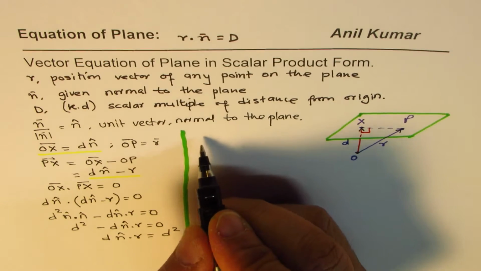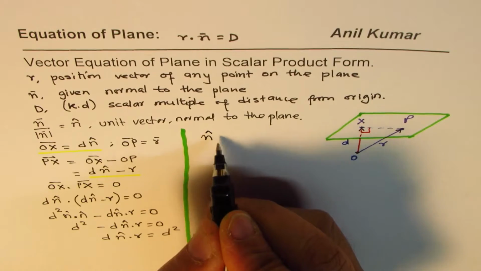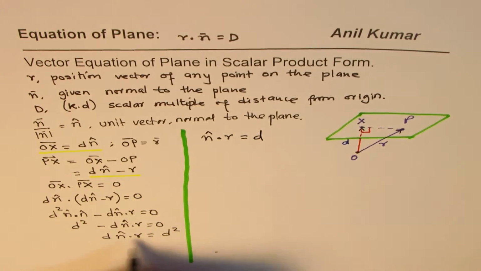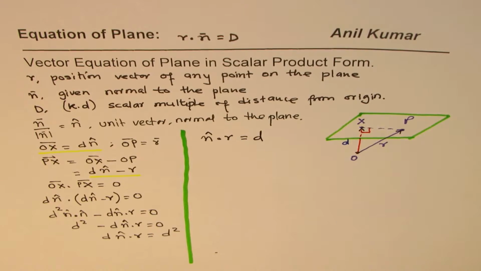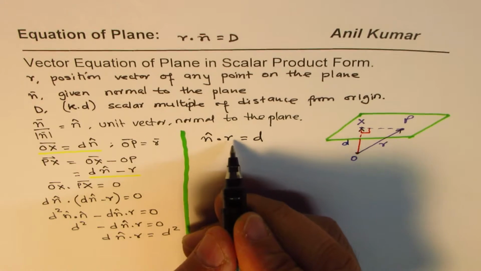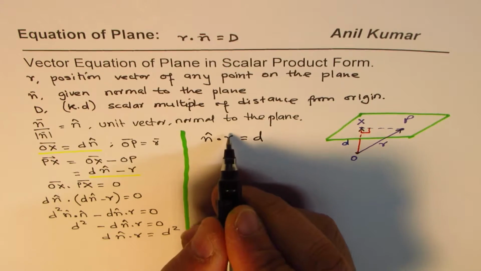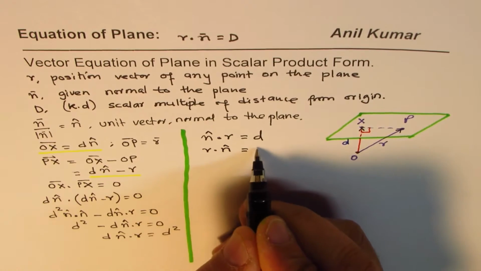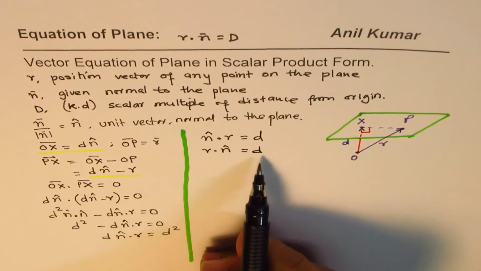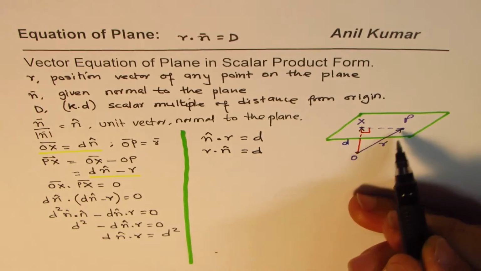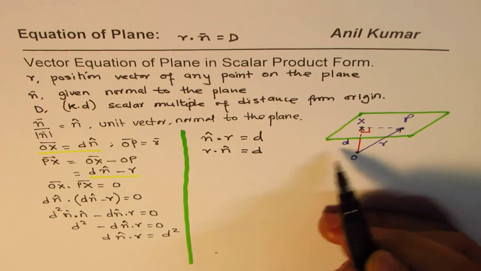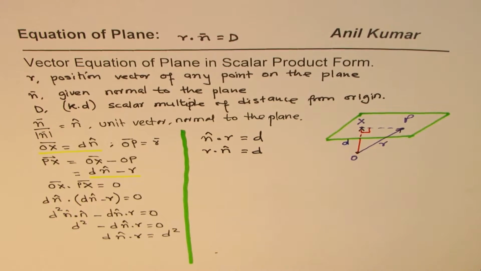We can write n unit vector dot r is equal to d, cancelling one d, correct? The dot product is a scalar, so that is also equal to r dot n, which is d. So we have related the position vector with the unit normal vector and the distance.